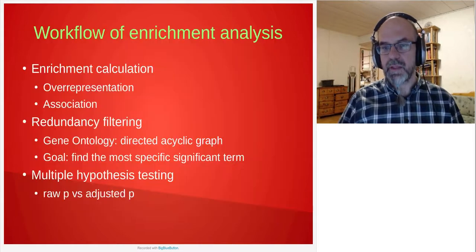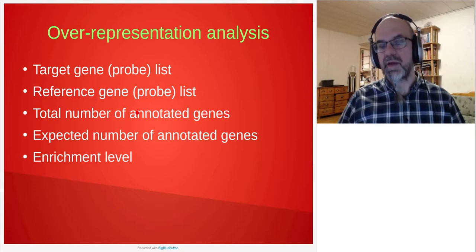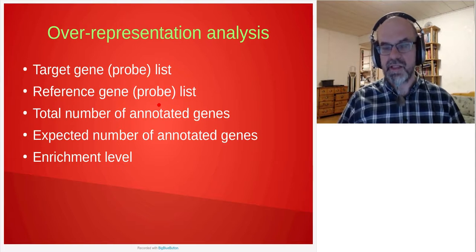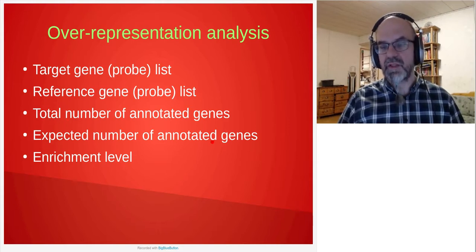You need to know, if you consider one annotation, how many genes in the entire reference list are annotated with it. And using these numbers, you can calculate the expected number of annotated genes on your target list.